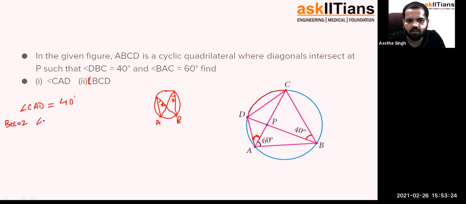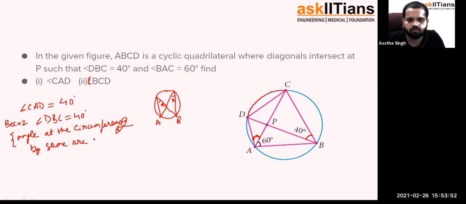Because angle DBC is equal to 40 degrees. Reason: angles at the circumference by the same arc are equal. And we all have got the point, right?